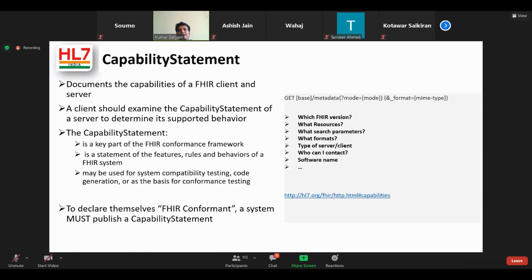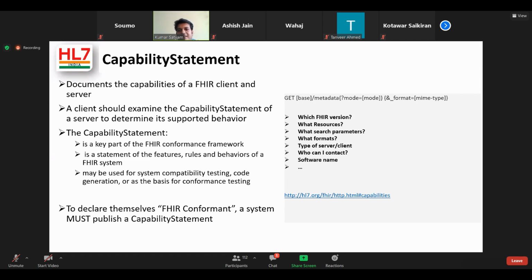Okay. And the last thing that we touched in the session last week was the capability statement. So we saw about the RESTful paradigms, and so many APIs, so many types, and so many such parameters. And then the logical question was, do we need to implement everything? And how do we know what the FHIR server supports, right?